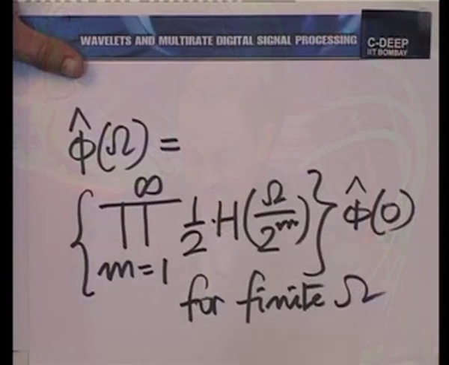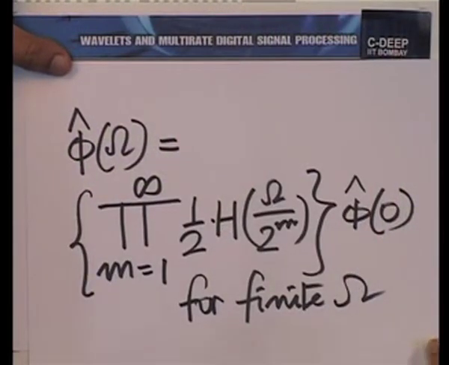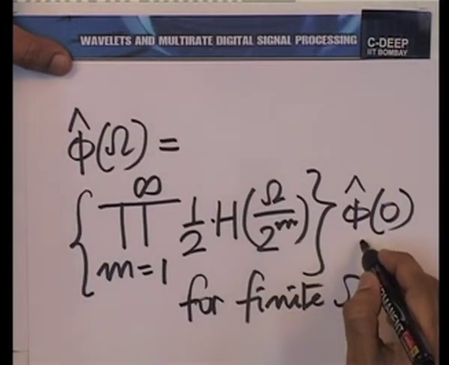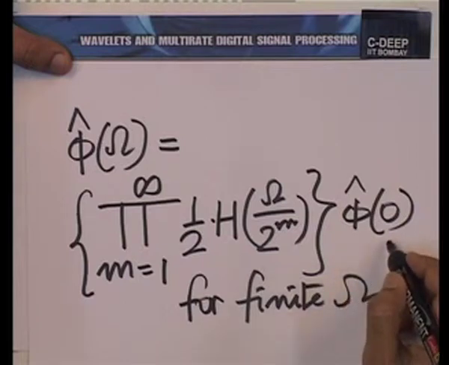Towards an objective, let me put before you once again that infinite product here. So, now you also understand why phi cap 0 should not be 0. Phi cap 0 must be non-zero.